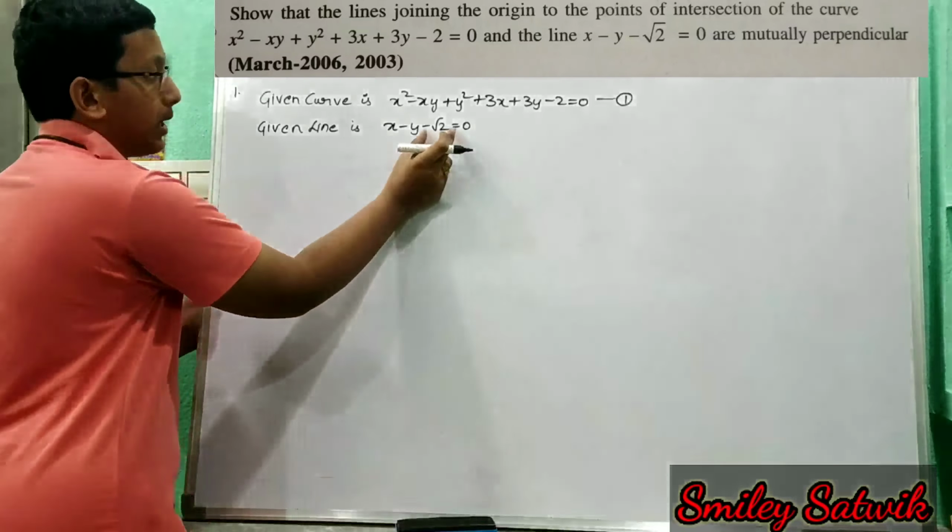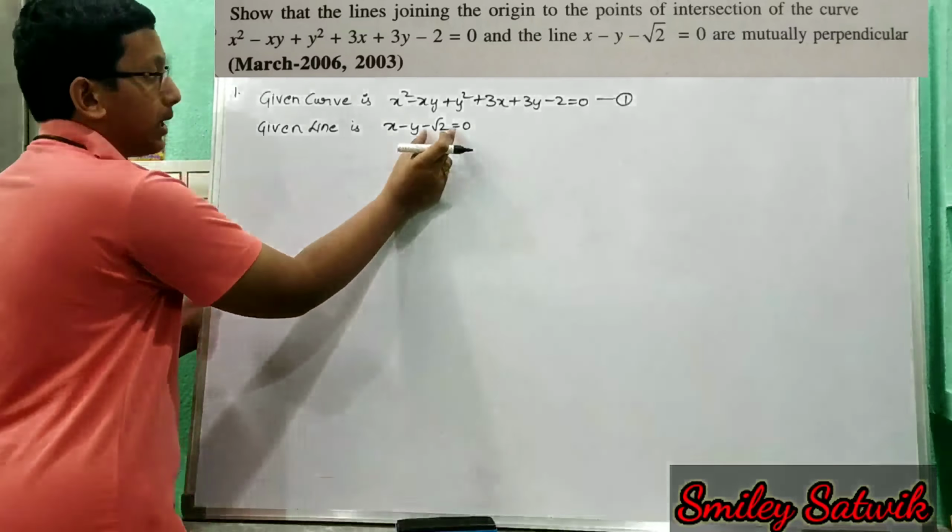Squaring root 2 becomes 2, so the 2 by 2 cancels, and next is (x minus y) whole square, x square plus y square minus 2xy, equal to 0. Now this will be cancelled. Until here, please note it down.